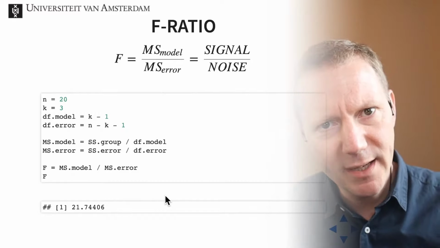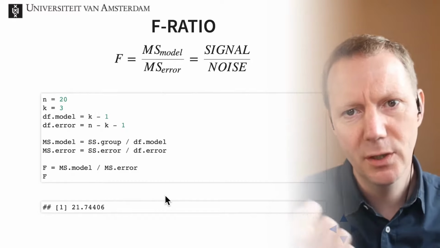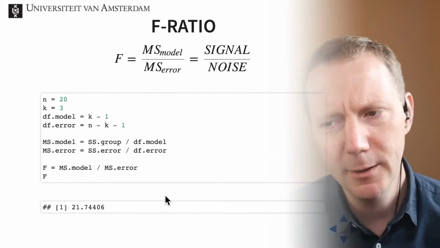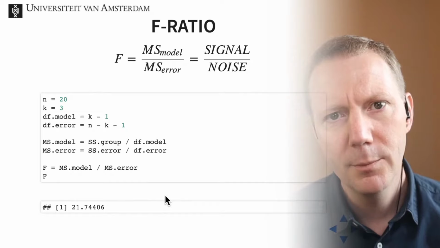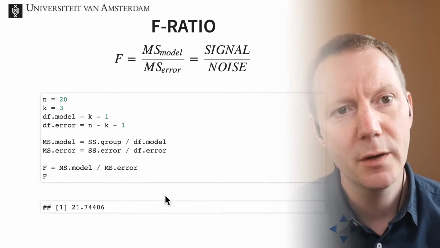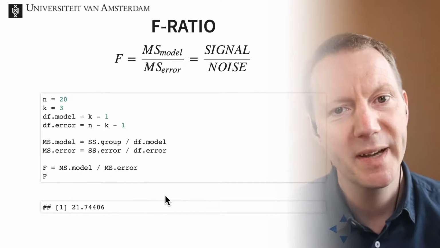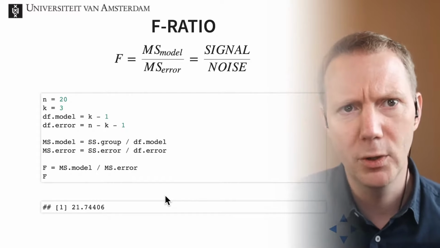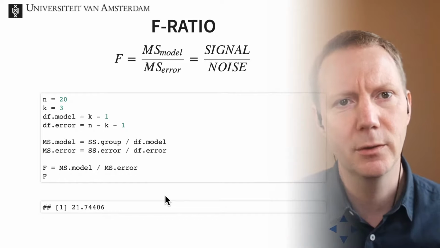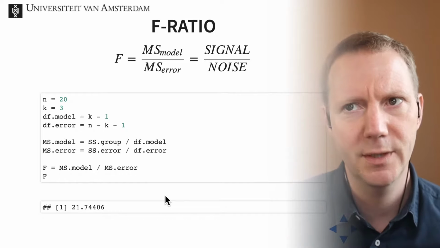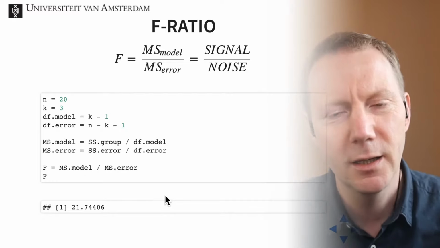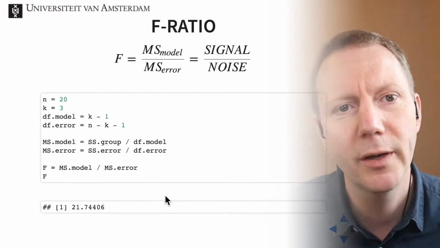And trying to relate that to the null hypothesis testing, we have to think about what that means in terms of what you would expect if the null would be true. Well, if the null would be true, then I would not expect a lot of signal. I would expect the same amount or even less, because we assume there's nothing going on.